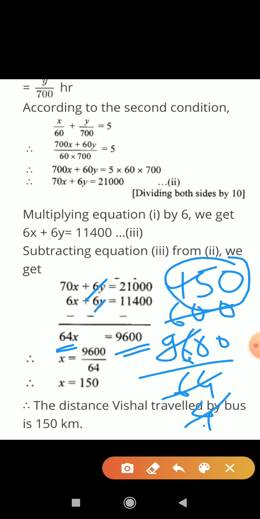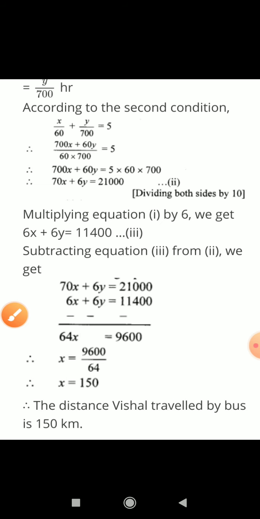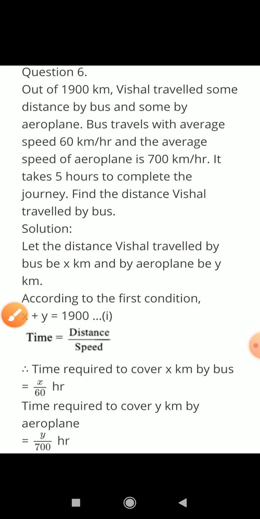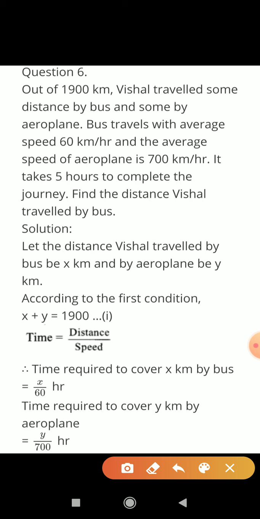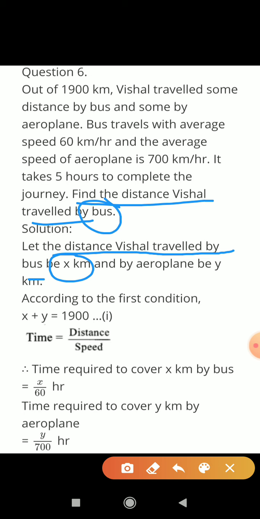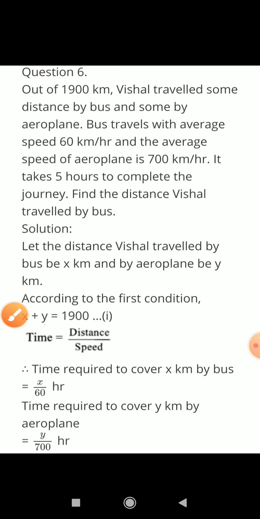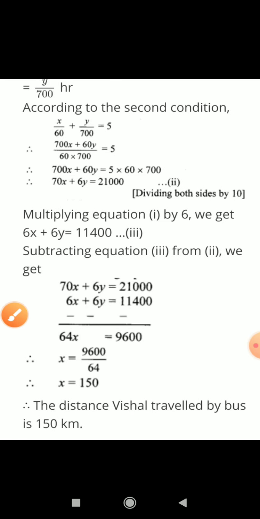So x is equal to 150. And what is x? We considered first that x is the distance we shall travel by bus. And the question was the same: find the distance we shall travel by bus. So the distance traveled by bus is x, and we get the value of x, which is 150.